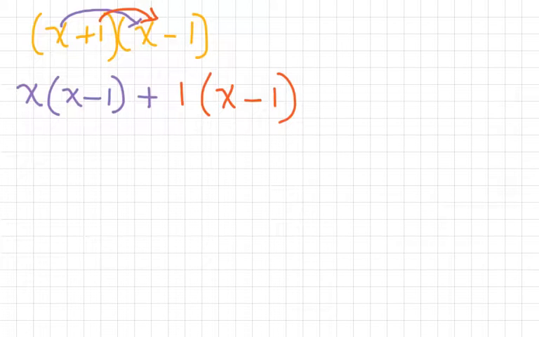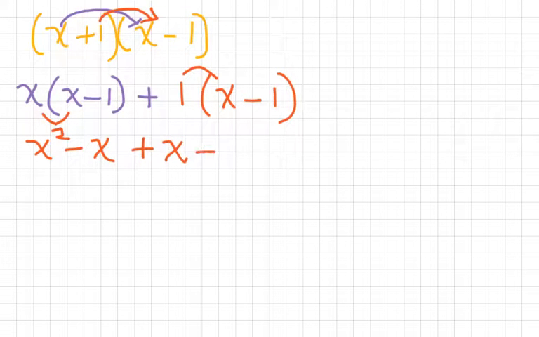So I'm using the distributive model. This is x times x is x squared minus x. Now I'm going to go here plus x. And then 1 times negative 1 is minus 1. Again, I'm going to note minus x plus x becomes 0. Therefore, I'm left with x squared minus 1.